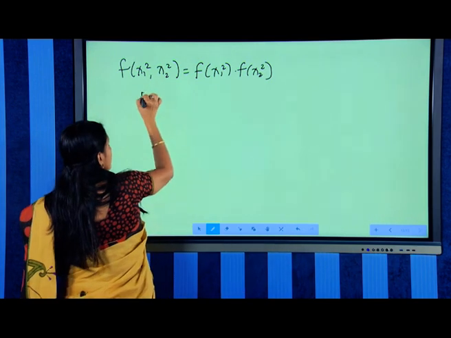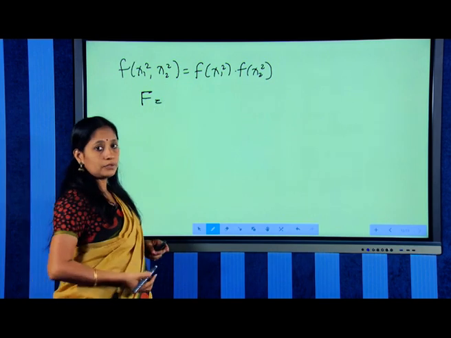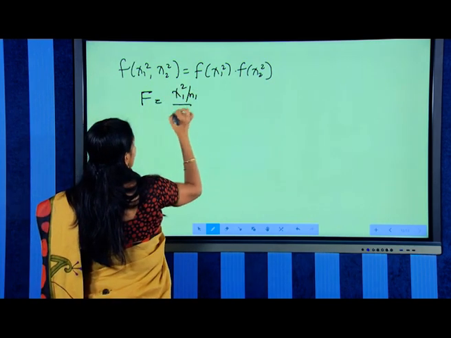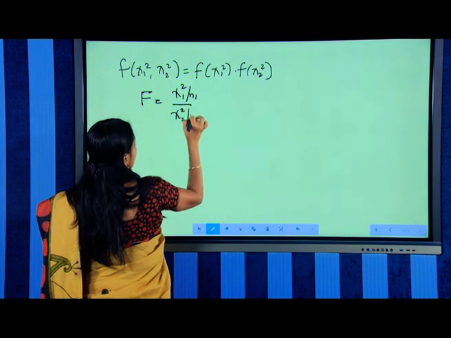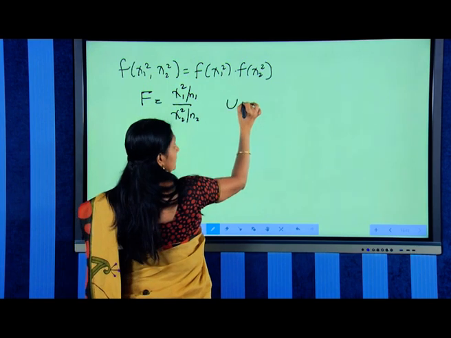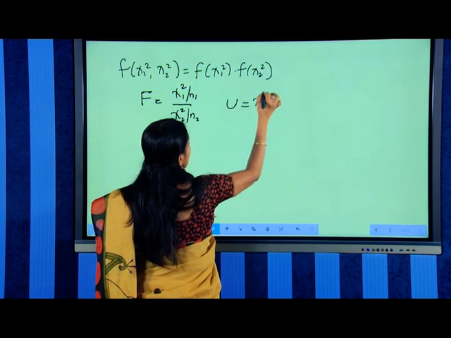Now consider the transformation f is equal to chi1 square by n1 divided by chi2 square by n2, and also use the transformation u is equal to chi2 square.